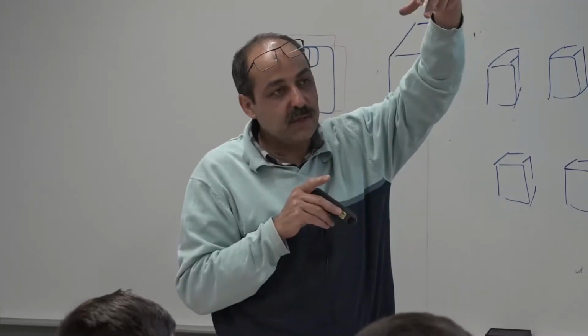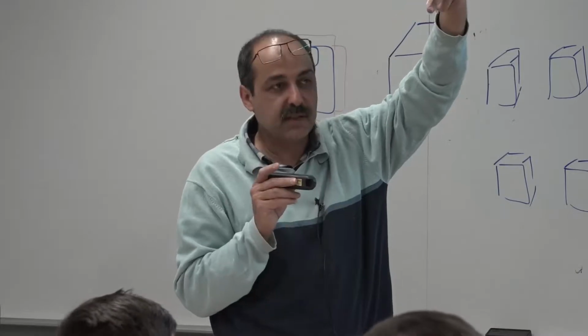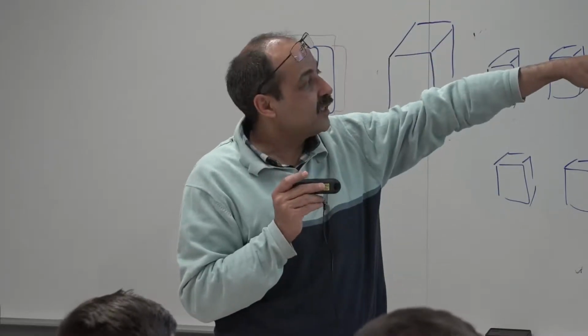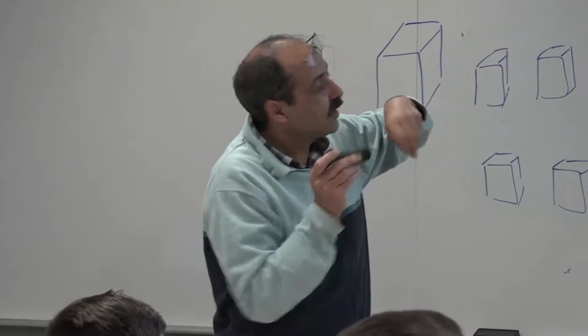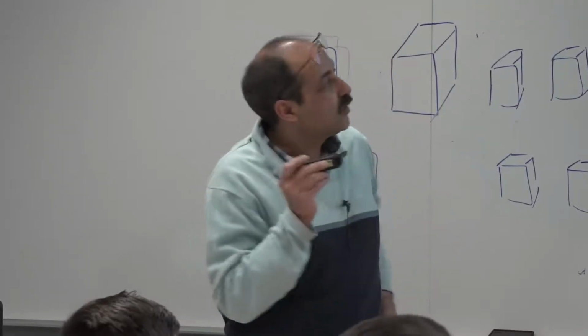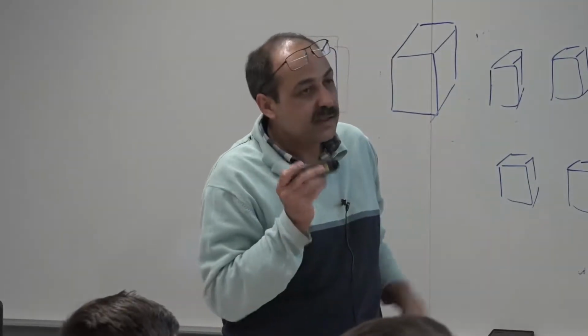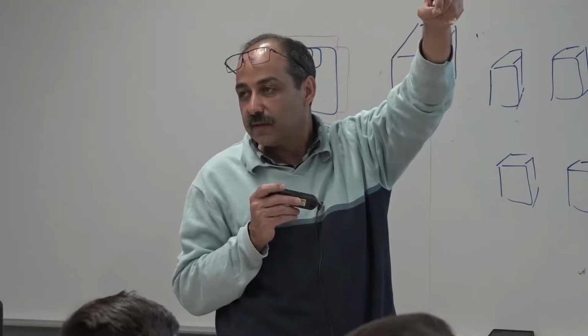What's the size of the feature map? 16 by 16. I have 64 kernels, so I generate 64 feature maps. So this is going to be 16 by 16 by 64, right?